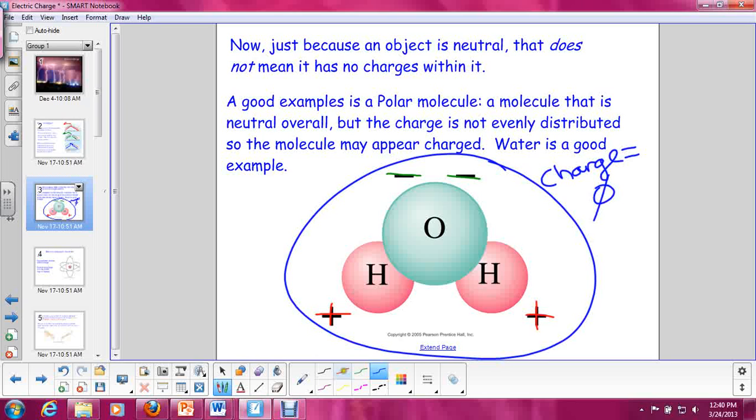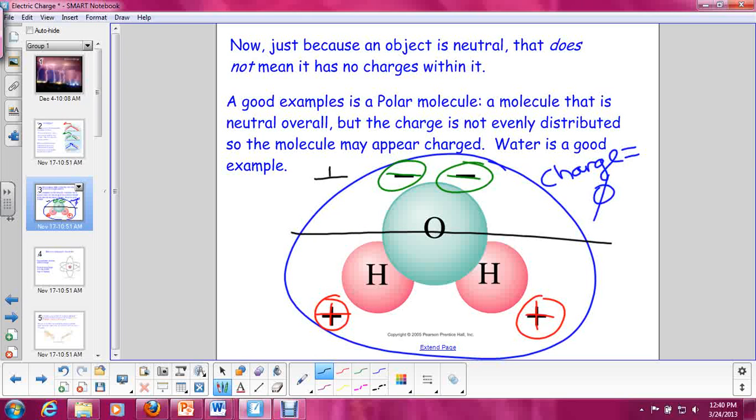And that's because we have two positives here and two negatives here. If we split this down the middle, this side is overall positive, this side is overall negative, and this side is overall positive, but that does not mean that it has a charge. The positives and the negatives end up canceling each other out here. So a water molecule is overall neutral, but within it, it still has charges.